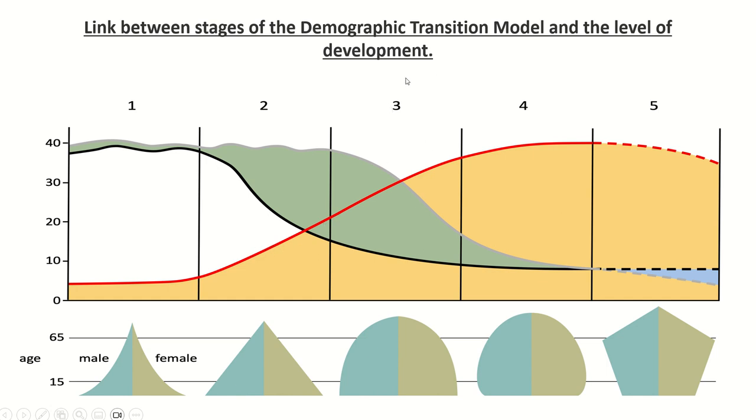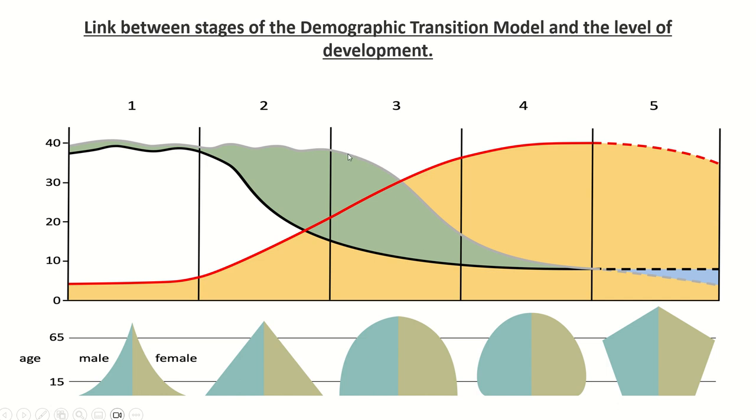Now, in stage 3, and stage 3 is your classic NEE, newly emerging economy. Countries like China fit into this category massively. Now, we continue with our advancement in healthcare infrastructure. The amount of deaths continues to fall.